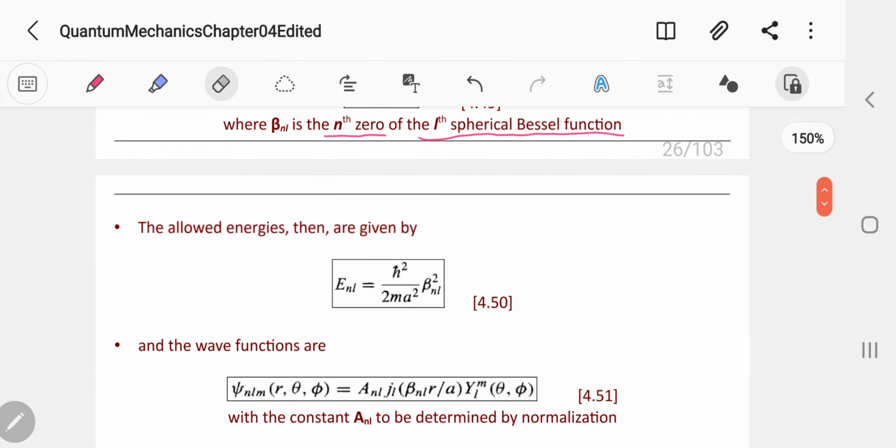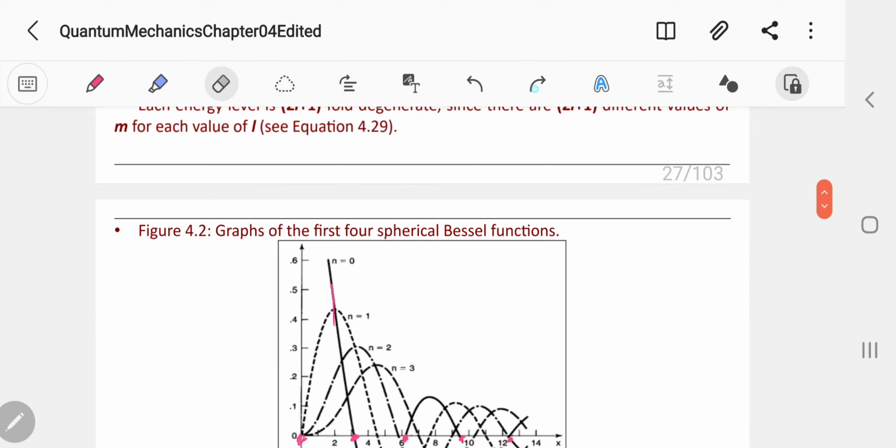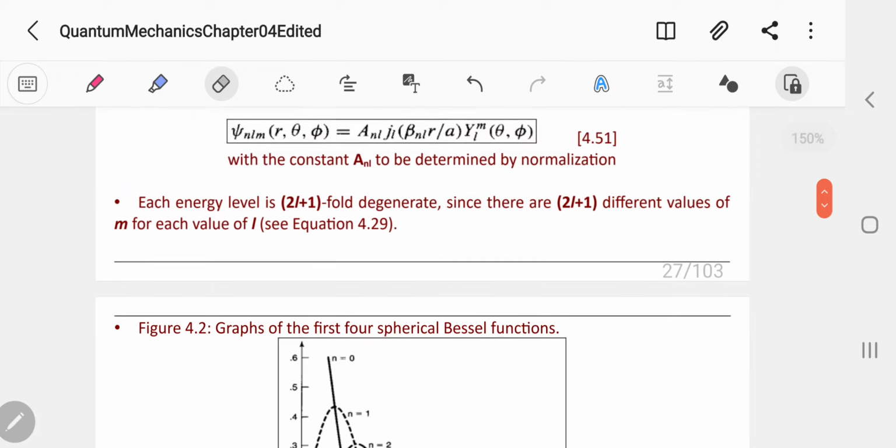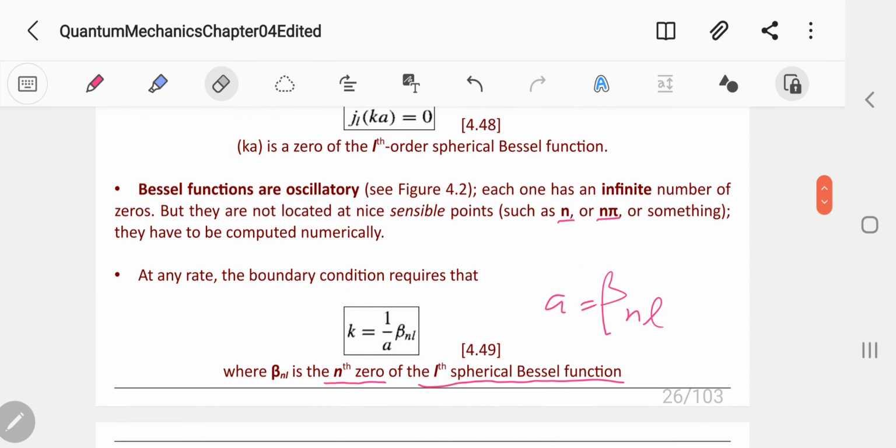So in this case, you have a k that is equal to, I'm sorry, a k that is equal to beta over a here.